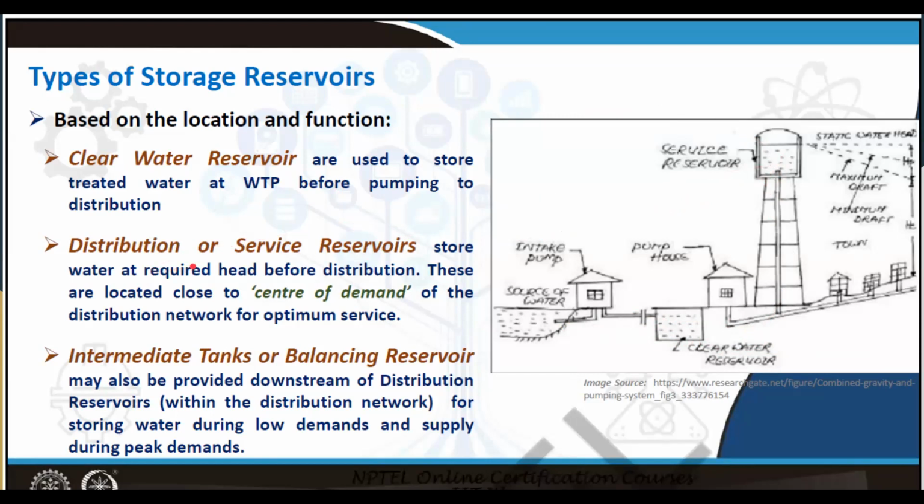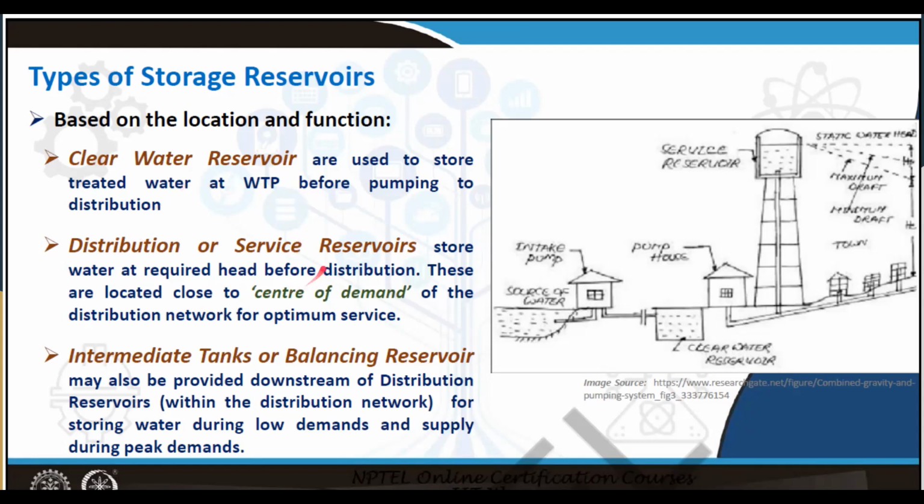Mainly, it is given at the center, and it can provide water at a particular height, like an overhead tank. That is in the center between the source and the demand point. Before that, one reservoir is provided, called the clear water reservoir, and after the distribution reservoir, the reservoir provided is called the balancing reservoir. And these are the functions of all these reservoirs.